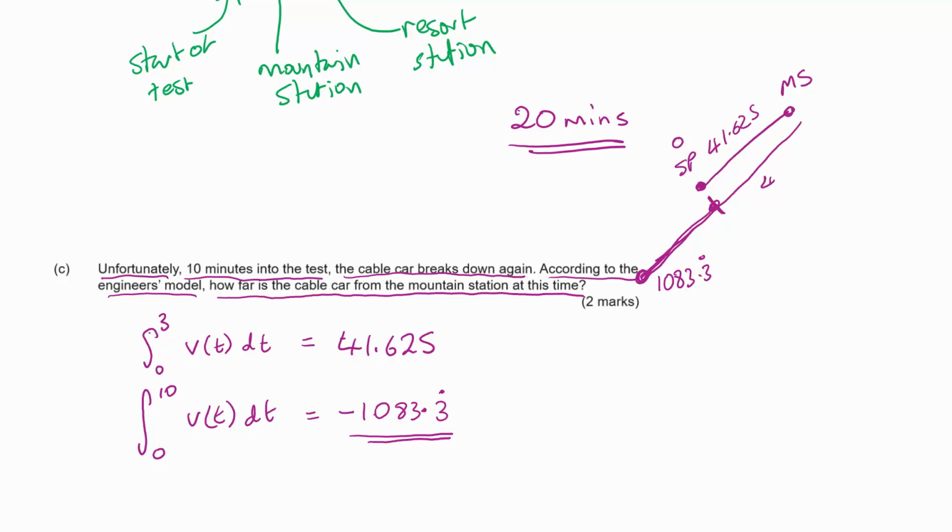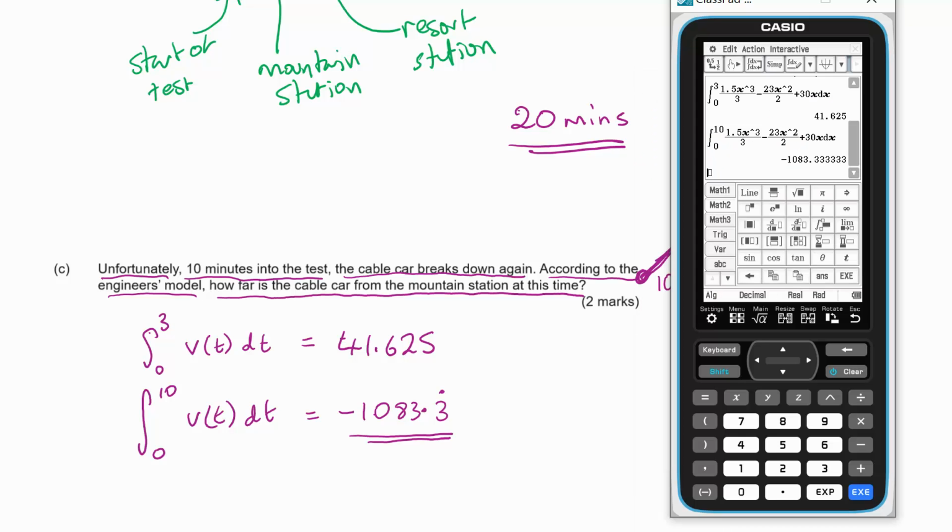And of course, this one was 41.625. So I think if we just add together the modulus of those answers, so if we drag that without the minus to here, and then add the 41.625, we get 1125. So approximately 1125 meters.